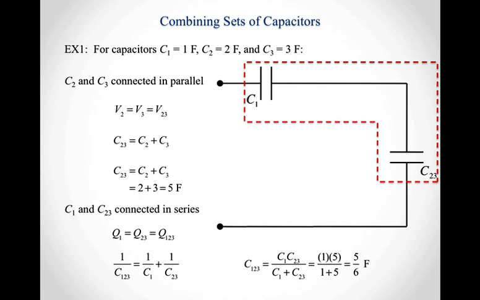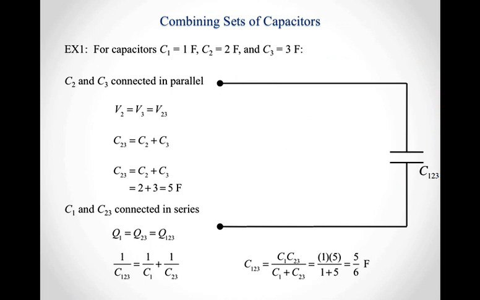So I want C1 times C23 over C1 plus C23, so that's 1 times 5 over 1 plus 5, and this is 5/6 of a farad. So when I combine all three of these capacitors into a single equivalent capacitor, it has a capacitance value of 5/6 of a farad. So there's my first example.